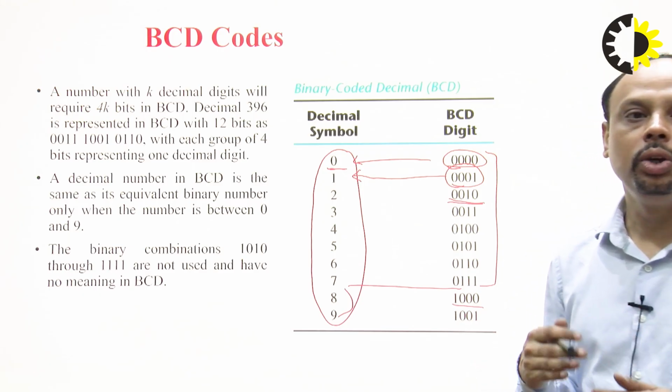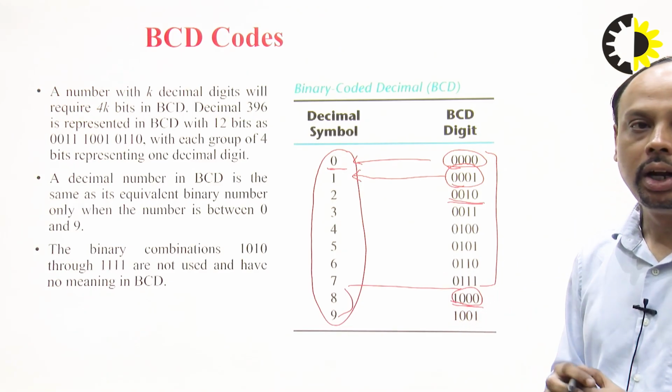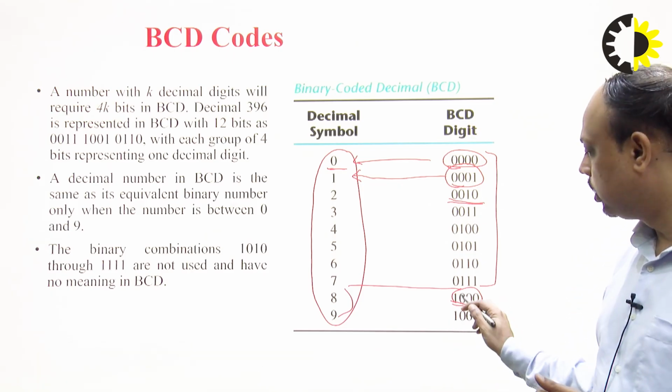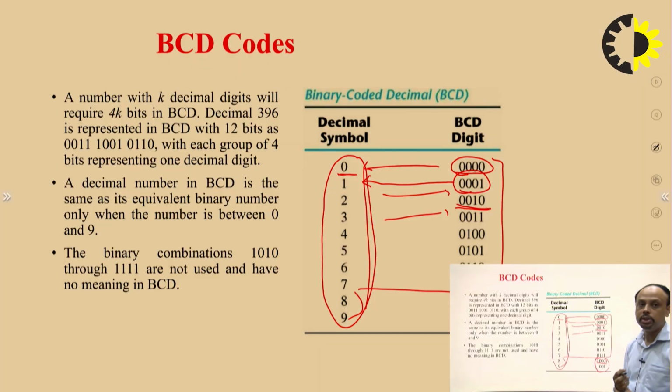So, for this we go for 1 bit higher, that is 4 bits, in which this extra bit produces the numbers 8 and 9, and the other combinations, that is 10, 11, 12, are not used over here, because the BCD number is only up to 9, as you can see, and these are the equivalent binary representations of these BCD numbers.